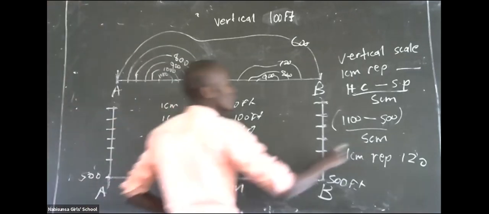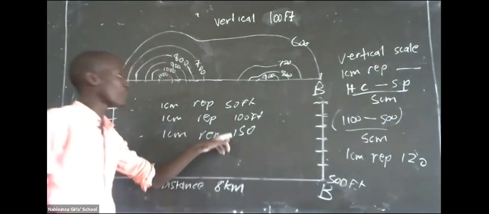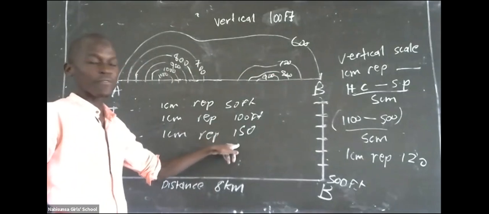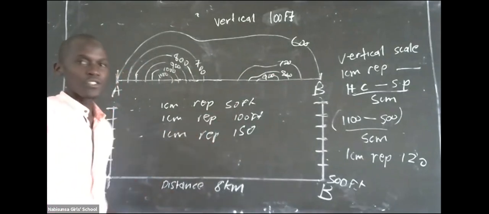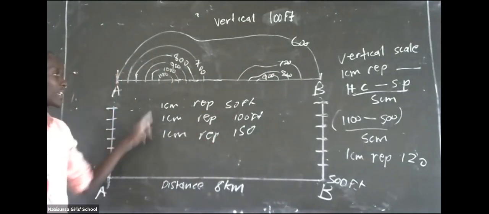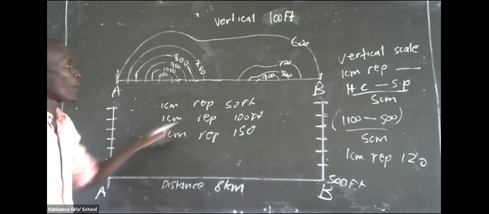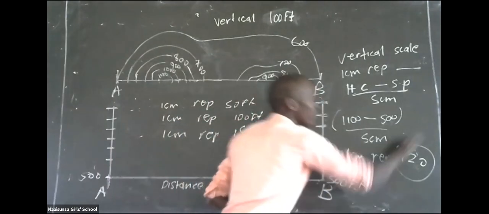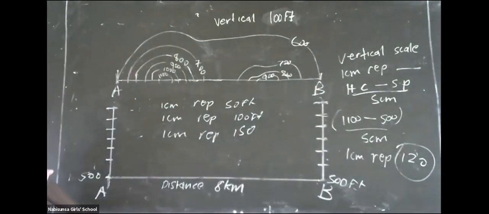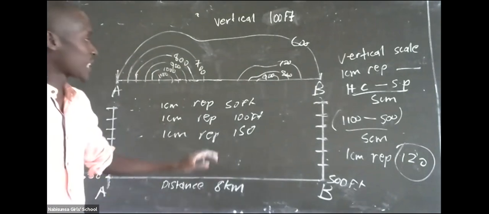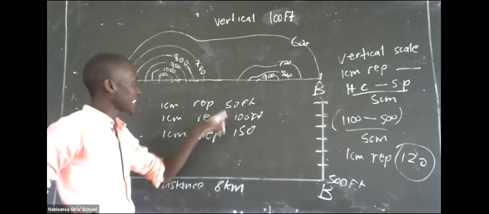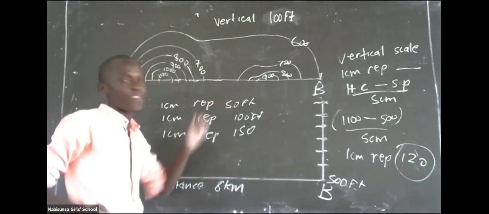We don't want to use 120, it will confuse us. It's better we use a number which is having 5 or 100 like that. So of those three, which one are we taking? 100 is below this one, we cannot use it. 150. You select a number which is above that amount.